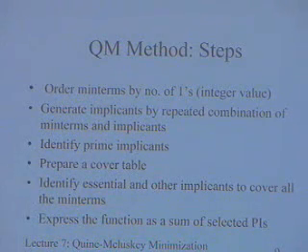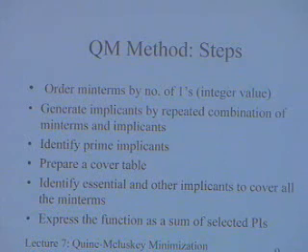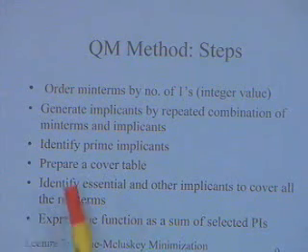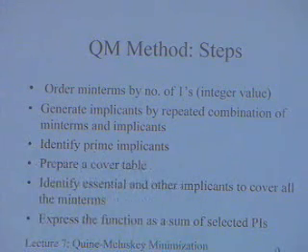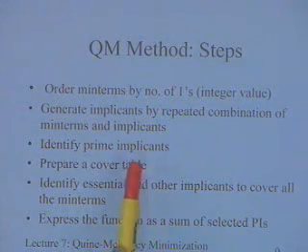Generate implicants by repeated combination of minterms and implicants. First I generate implicants by combination of minterms, and then, if possible, I combine those implicants to get further implicants. Then I identify prime implicants. What are those prime implicants? Basically I keep on eliminating minterms and implicants which are covered by other implicants.